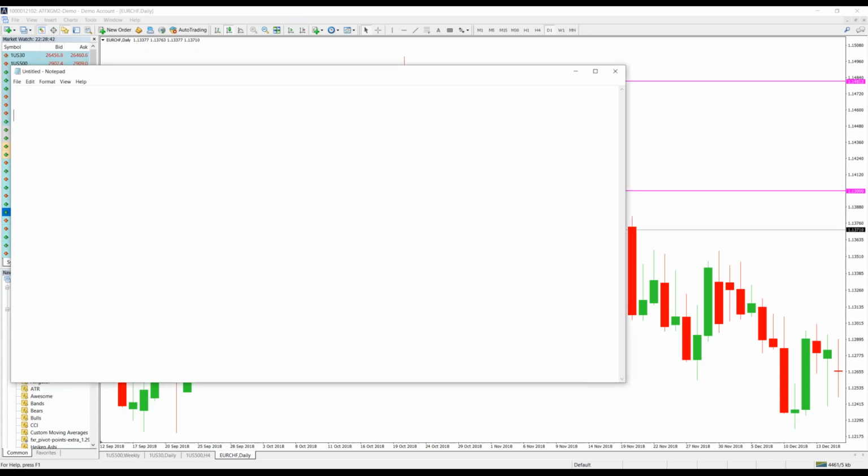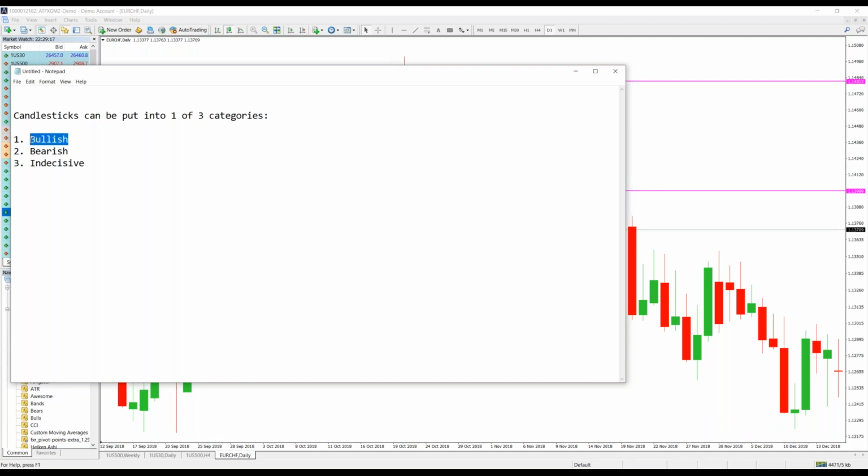Candlesticks can be put into one of three categories. This is important. They are either bullish, bearish, or indecisive. Those are the three states.